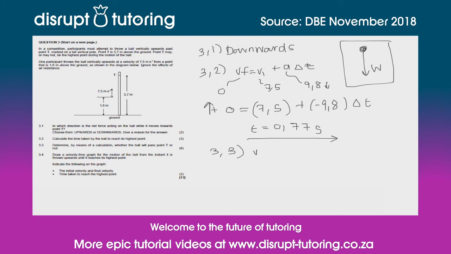The one that sticks out to me is VF squared is equal to VI squared plus 2A times change in distance, but in this case I'm going to put Y because it's the vertical distance. Again, up is positive. So VF is 0 squared, which is 0.